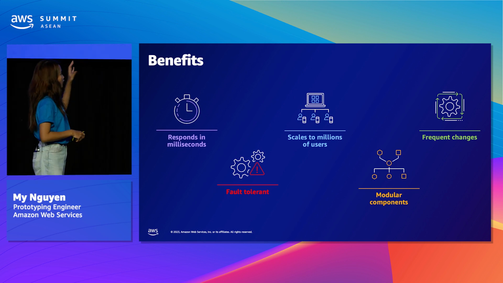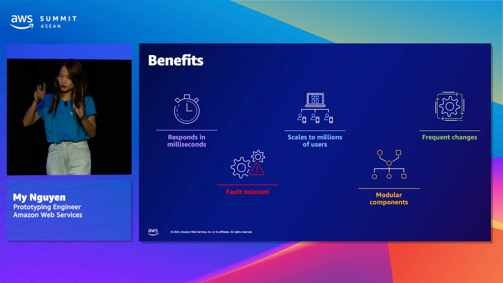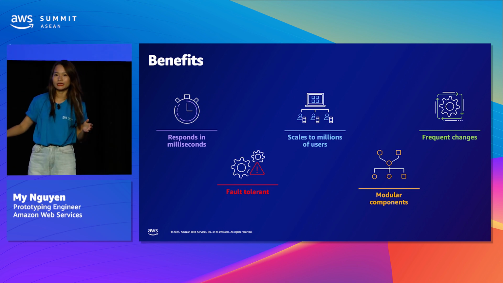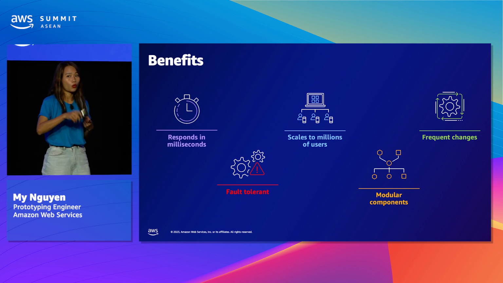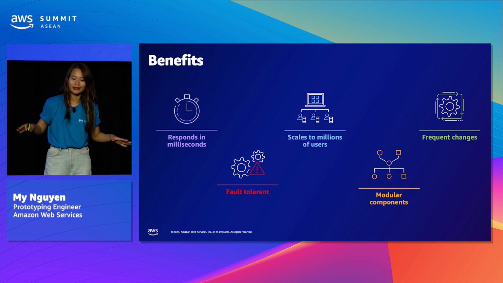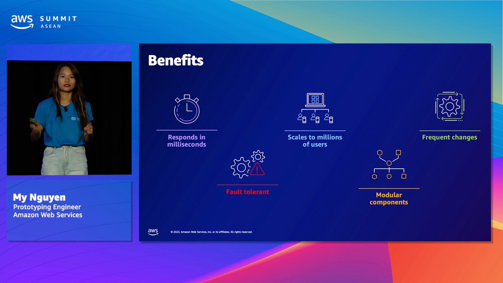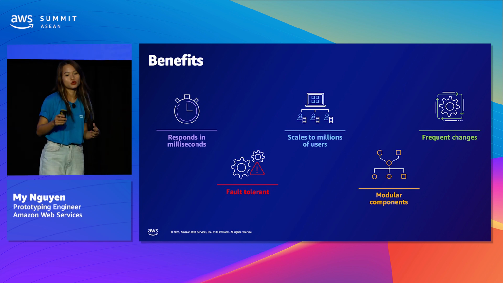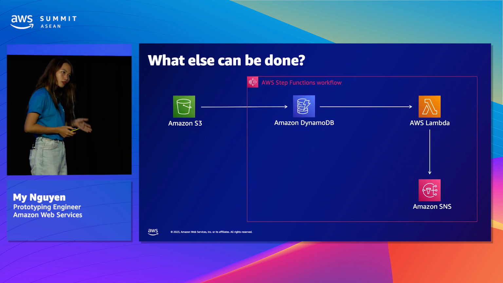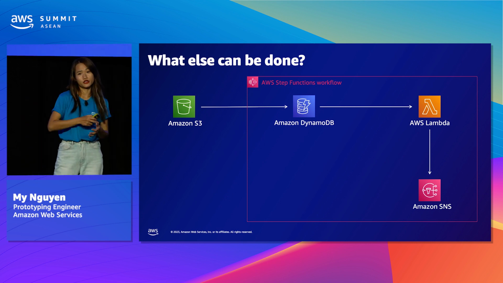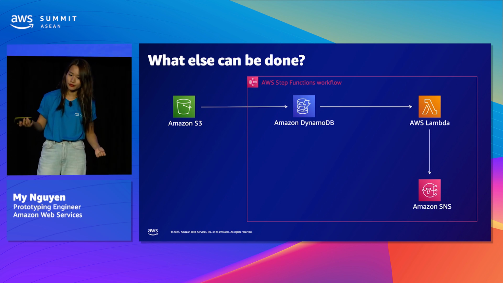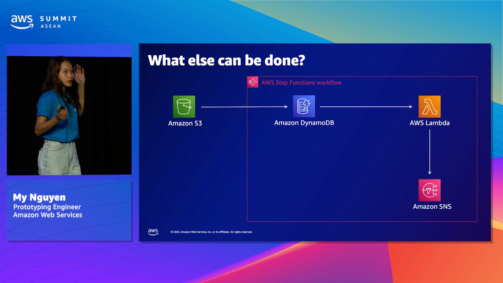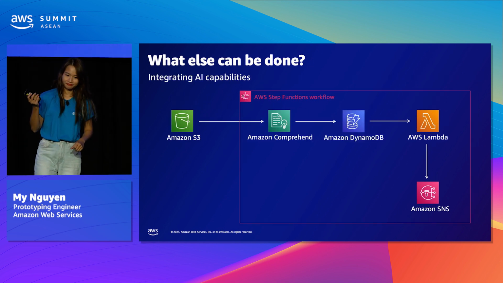Meanwhile, it's also highly scalable because as you can see, we parallelize the process. So whether you run one file or one order or 1,000 orders, it doesn't matter, it still runs the same. So it's a small system, it's a large system, you don't have to re-architect it. Fault tolerance is built in by default into a lot of our serverless services, and they respond in milliseconds.